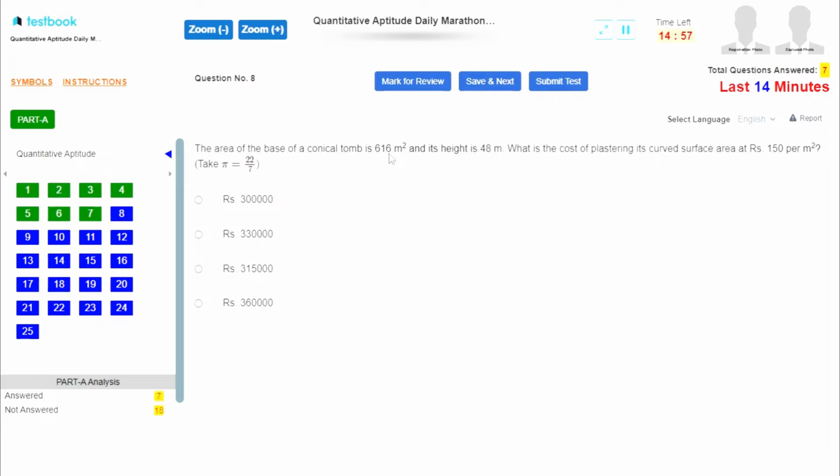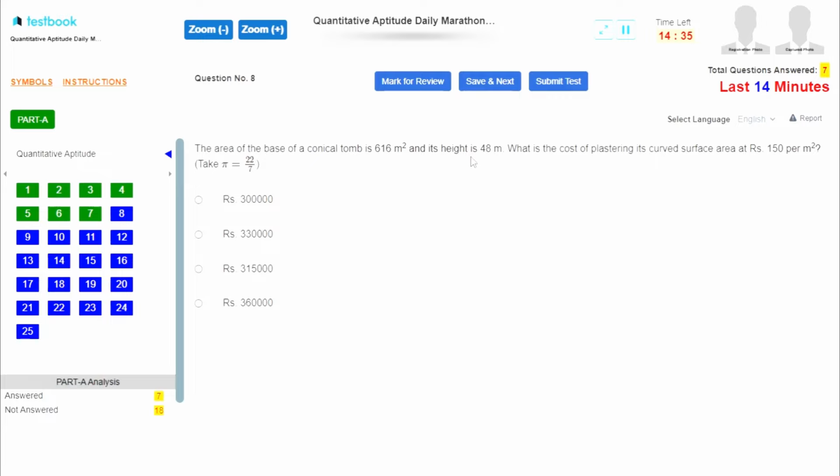It means 7 square into 4. So 7 into 2, 14. We got r as 14, h is 48.